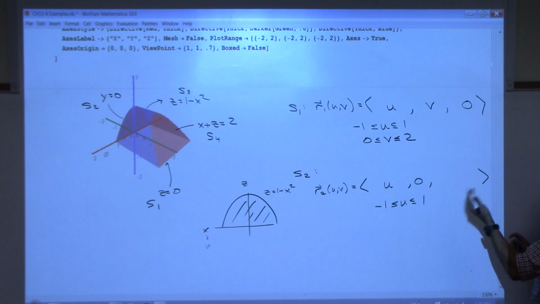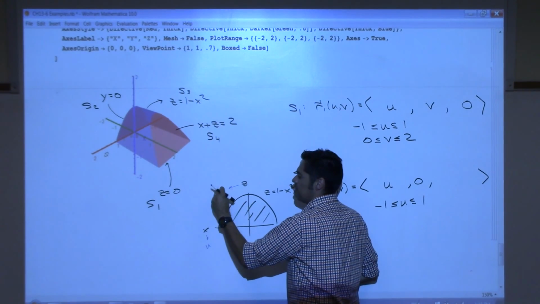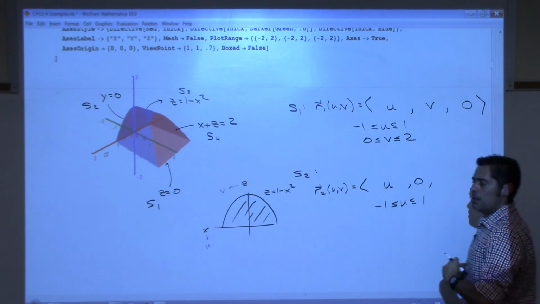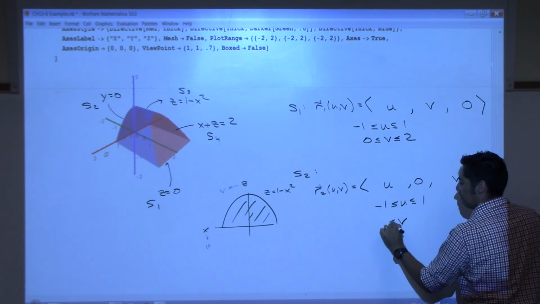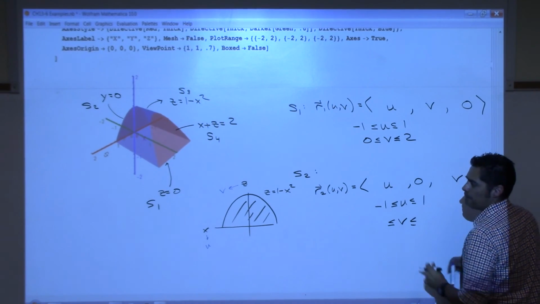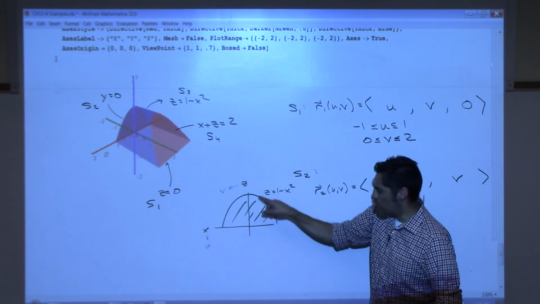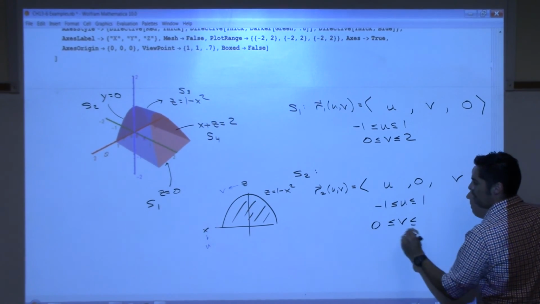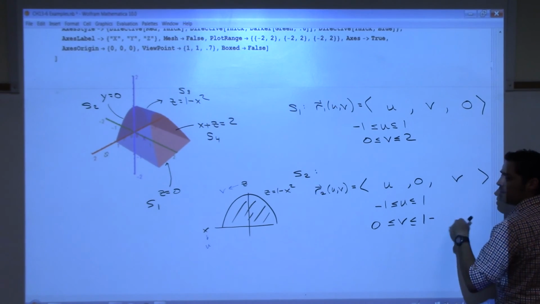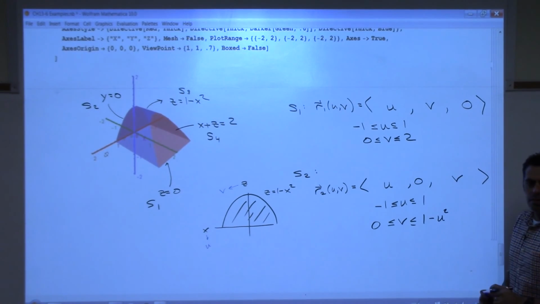Let's use V. We're going to switch our X to U and our Z to V. I'm going to call this V, and let V be between where? 0 and the curve, right? It'll draw me everything in between. So between 0 and 1 minus x squared, but for us, u squared. Understand that?